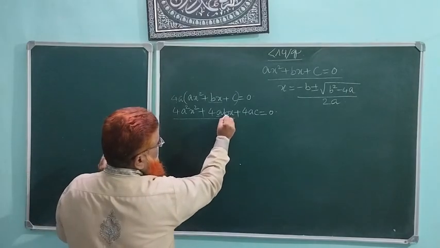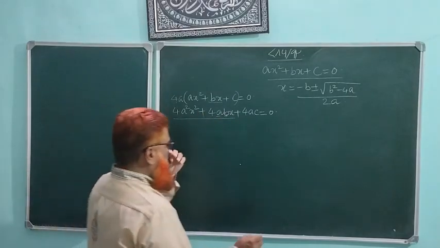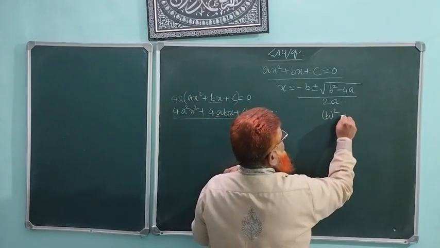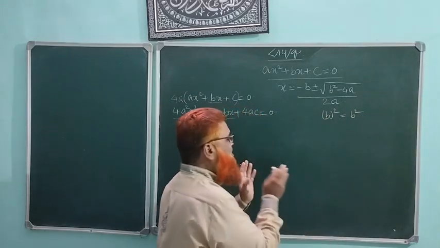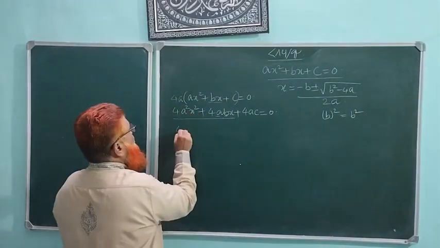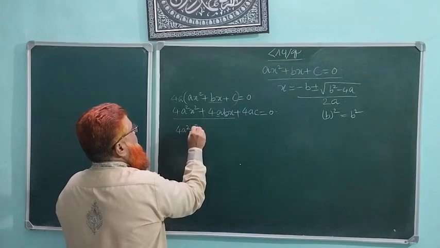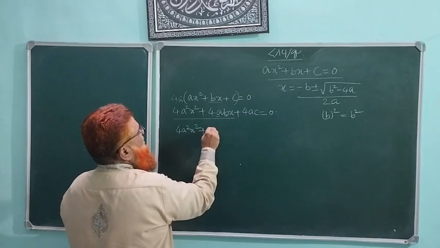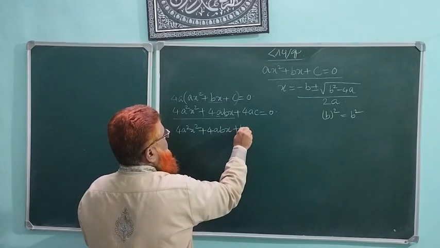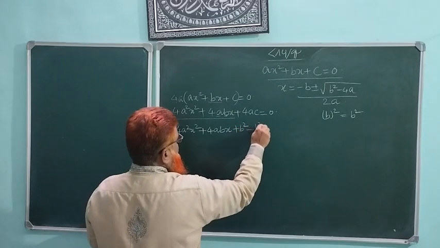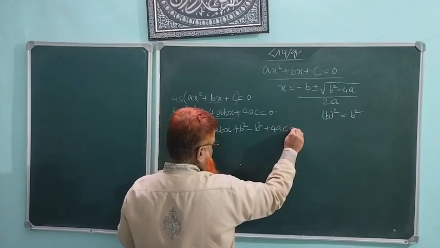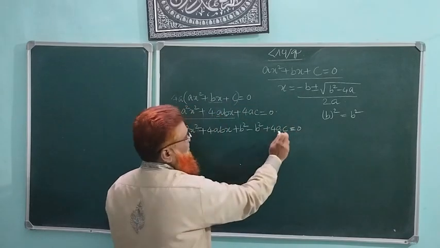Then what is left out? b is left out. So we take b square, add b square and subtract b square. Here we have 4a square x square plus 4abx, then b square is added and b square is subtracted, plus 4ac, which is equal to 0.